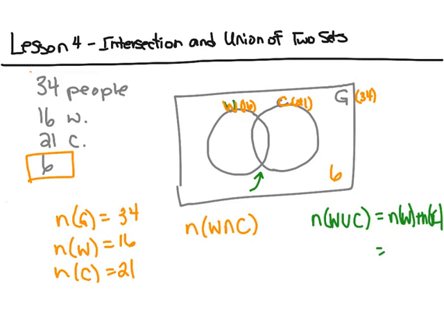So we have 16 plus 21. So we know that there's 37 people.